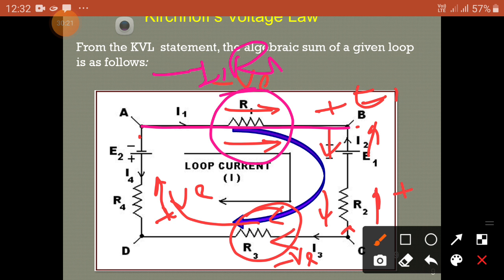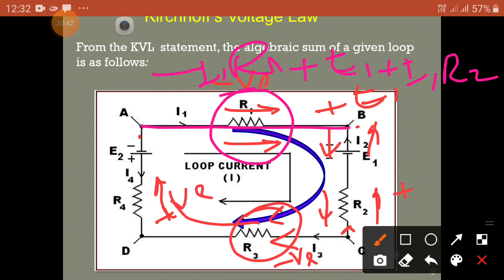Next, B to C. Now plus, so both are in opposite directions, so E1. Next, both are in opposite directions, so plus, and the value is I2 into R2.